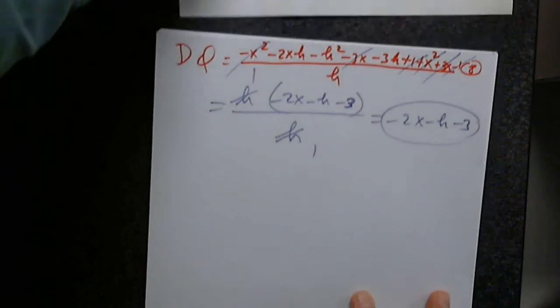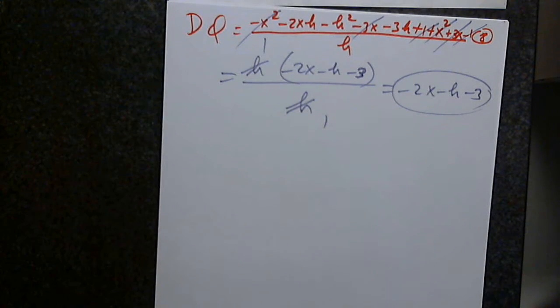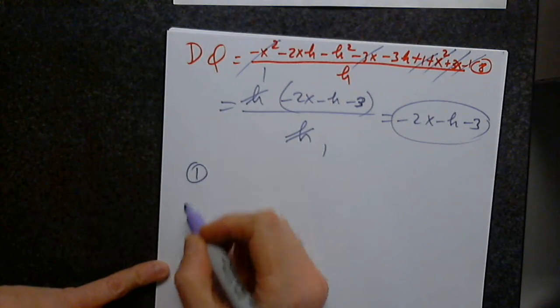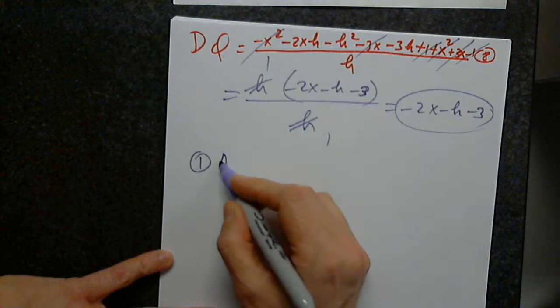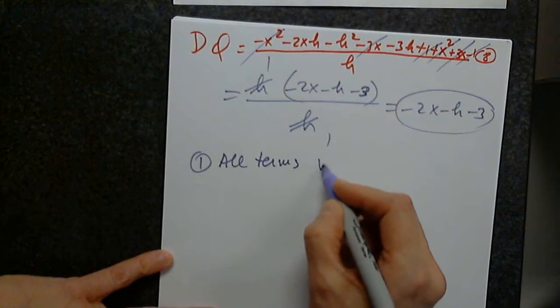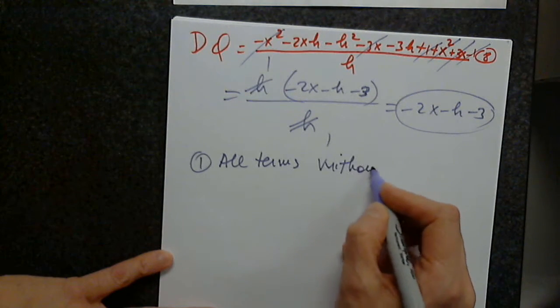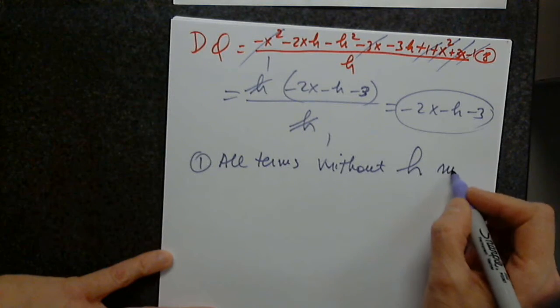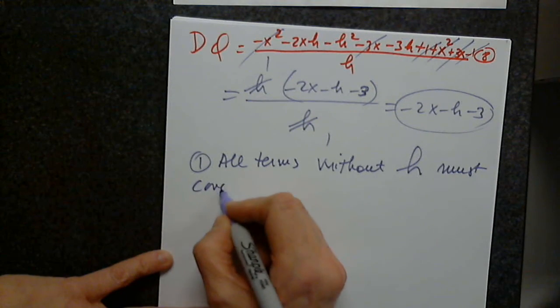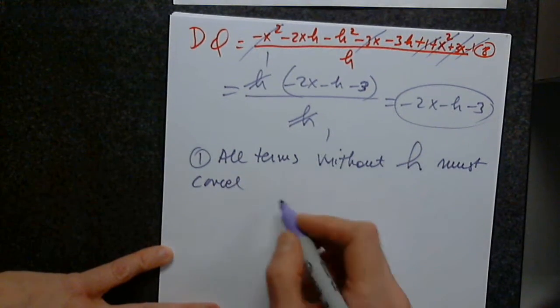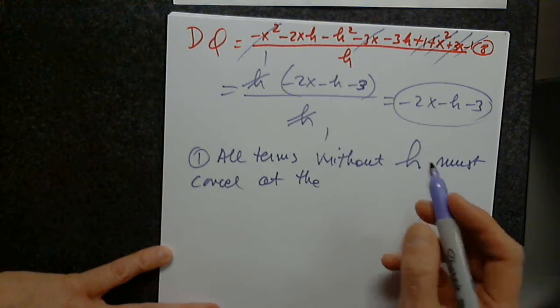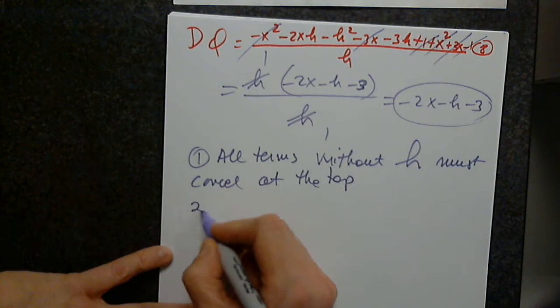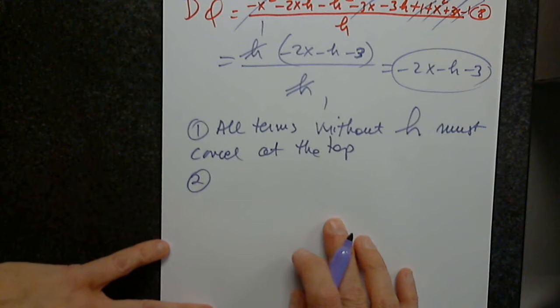So two things for any difference quotient for any function, right? Two things must happen. All terms without h must cancel at the top. And number two, what was the second one that we said must happen?